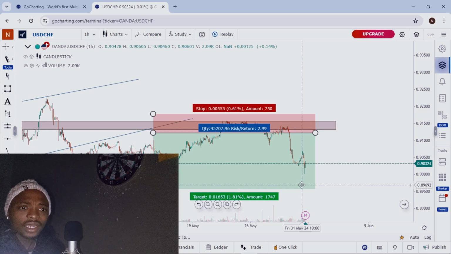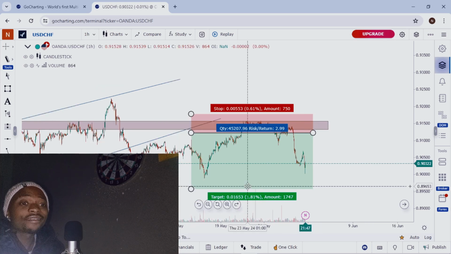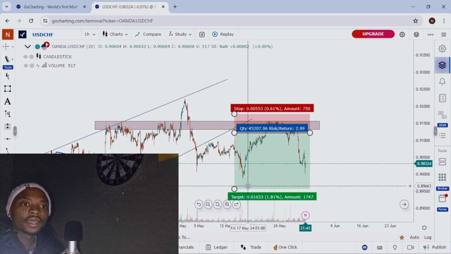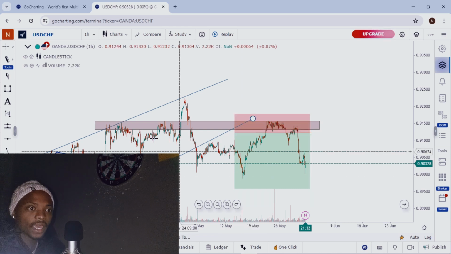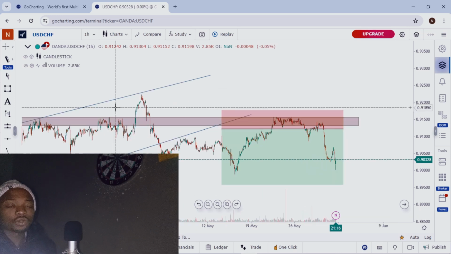So even though we haven't hit our take profit yet, this was still a very good example in showing you how impactful the Fibonacci instrument is, and how knowing where the most sellers or buyers, in this case sellers, enter the market is powerful in helping you enter trades at the right time, right?